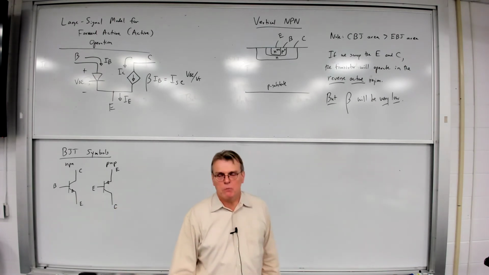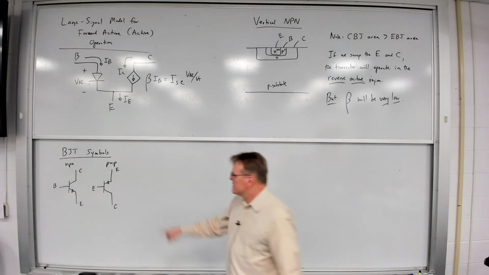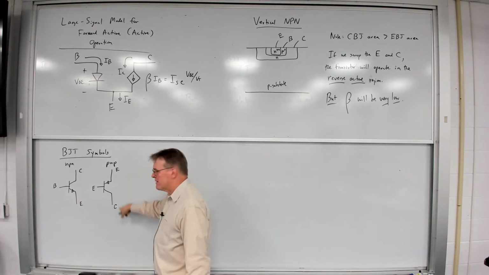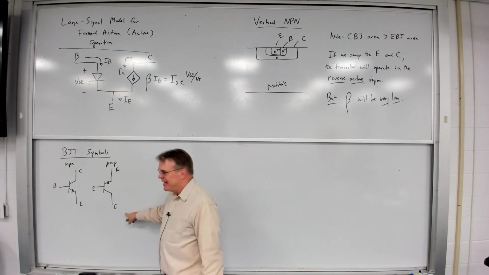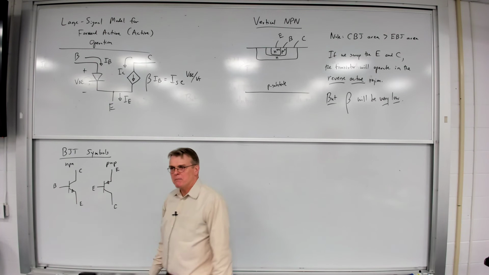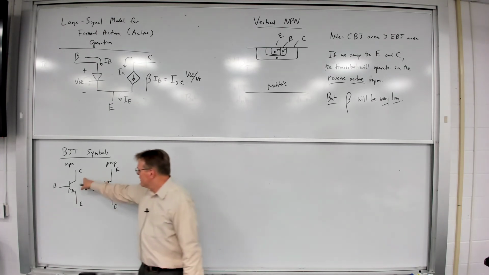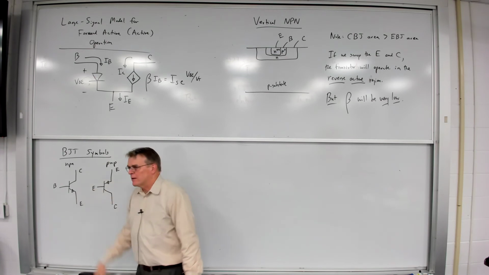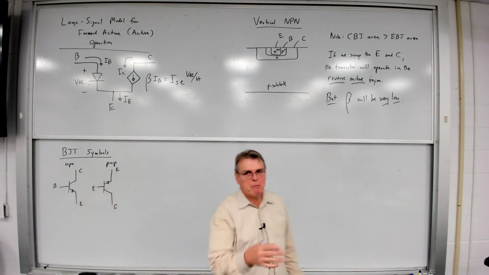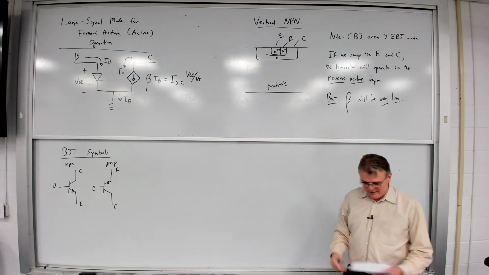And why do we do that? Well, we do it for the same reason that we do for PFETs. Because the emitter is typically more positive than the collector, and current's going to flow this direction. So the same thing for the PNP. Positive current's going to flow from emitter to collector. For the NPN, positive current flows from collector to emitter. So there's some parallel between the MOSFET and the BJT in terms of how we draw them.